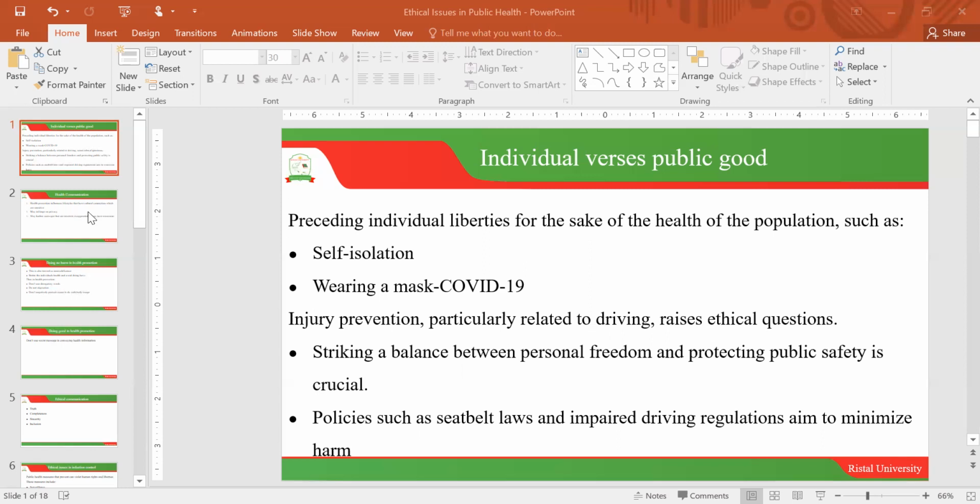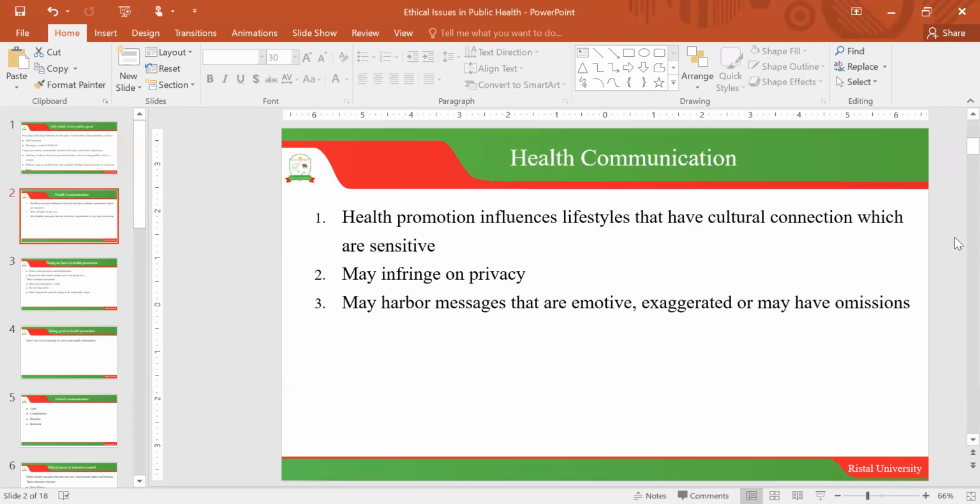Good. So let's proceed. I know the problem could be with the internet at your end. The other issue is related to health communication. Health communication and health promotion usually are similar aspects.